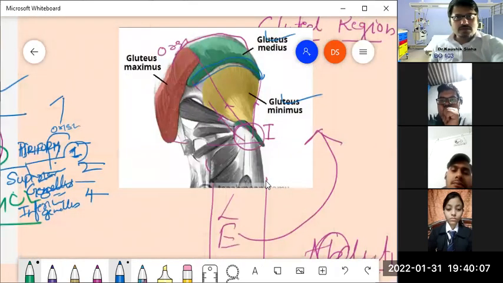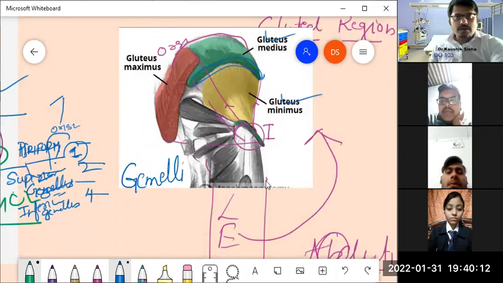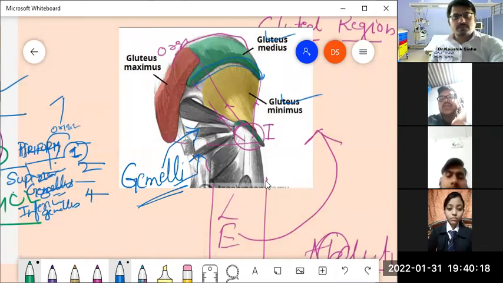So one is superior gemellus, another one is inferior gemellus. Is the concept now clear?